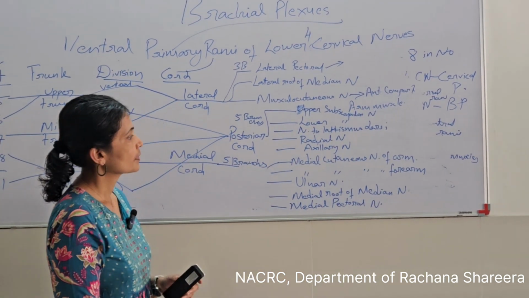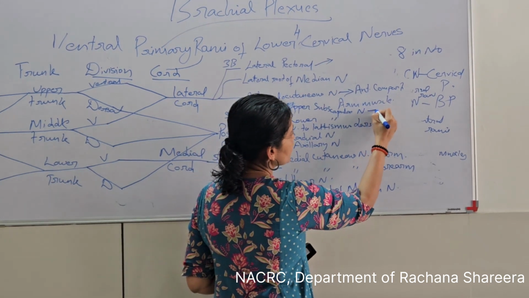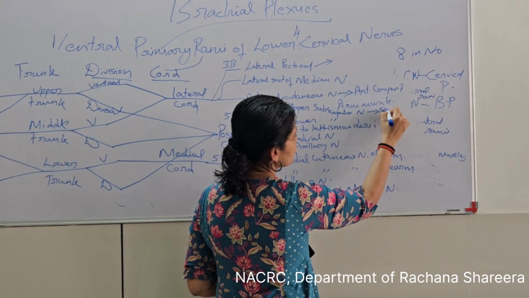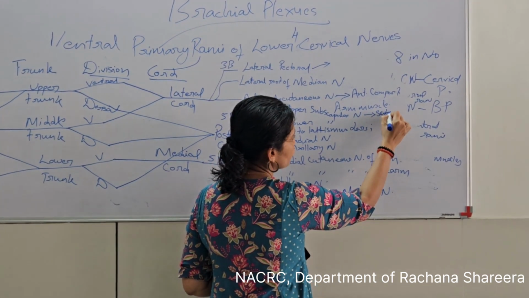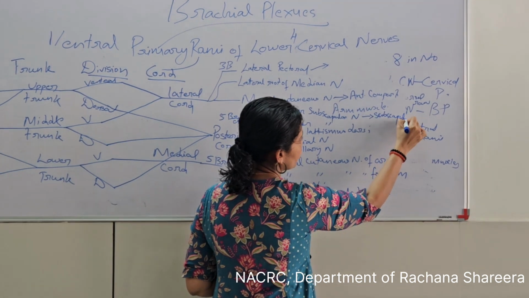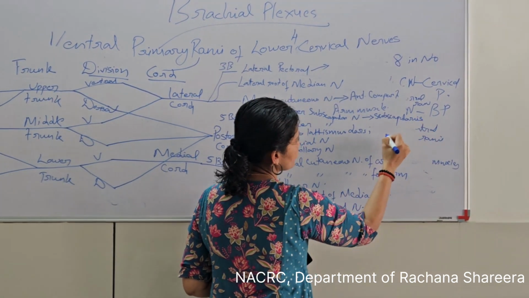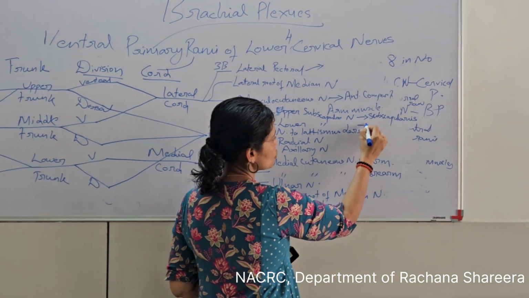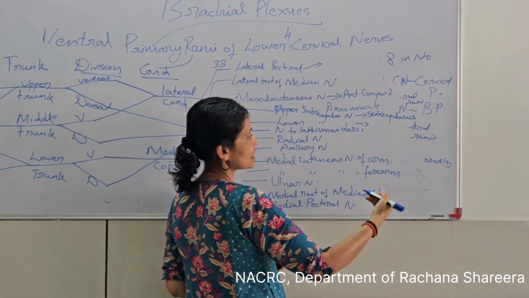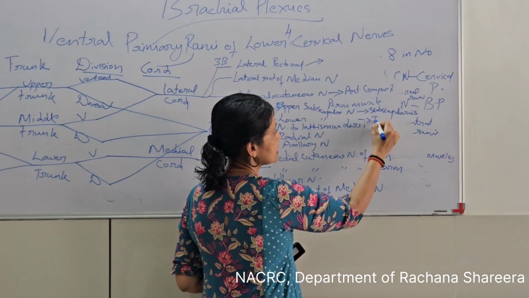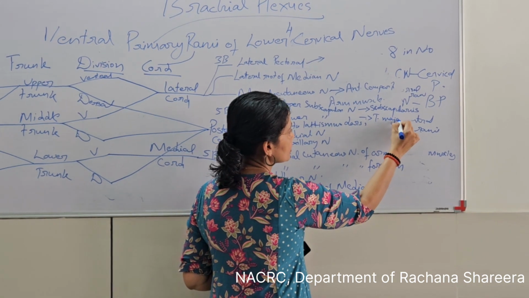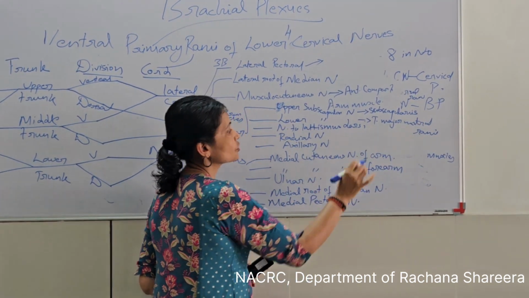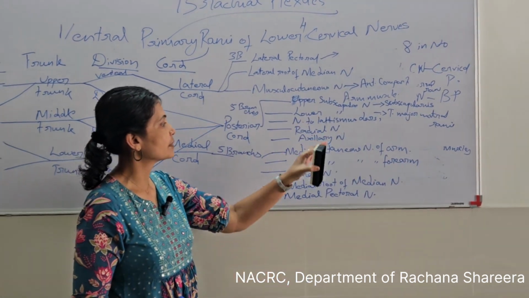Now upper subscapular nerve supplies the upper part of subscapularis muscle. Lower subscapular supplies the lower part of subscapularis as well as teres major muscle. Now the nerve to latissimus dorsi, from the name itself.